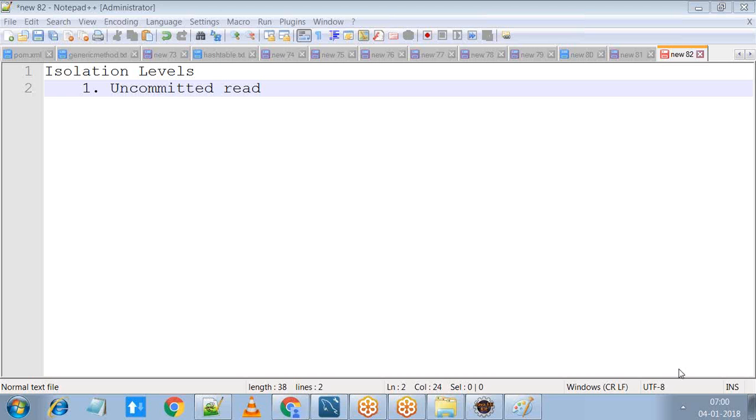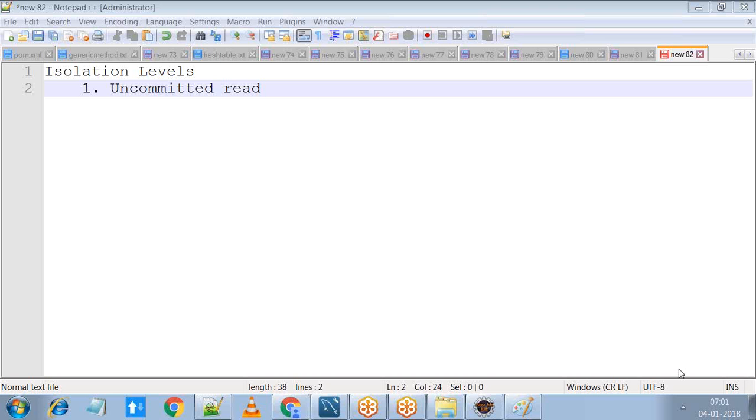Here you will find that a writing transaction will obtain a lock, a write lock, I can say.